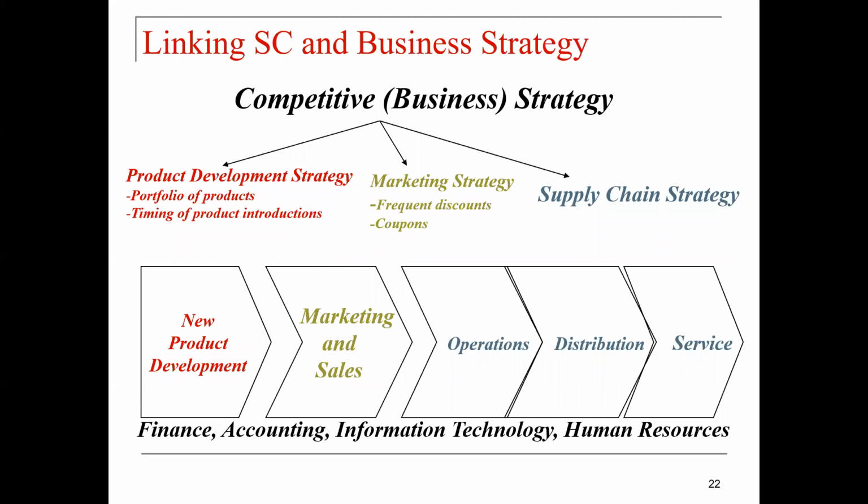So how do we link the supply chain and the business strategy? A competitive strategy is a set of customer needs that a company emphasizes and concentrates on while producing and serving. For example, Walmart, 7-Eleven, and Sam's have different competitive strategies. 7-Eleven tries to serve customers by selling them individual products, let's say in gas stations.